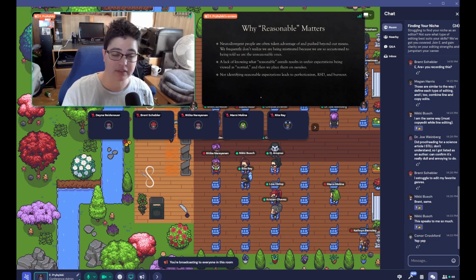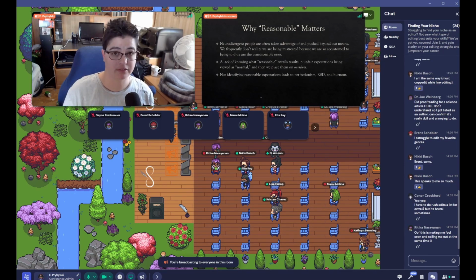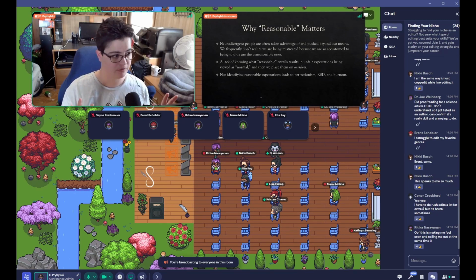No, that isn't reasonable. If you are not comfortable with a client, with a project, with a book, if you are not comfortable with a timeline, those are reasonable things. And you are allowed to say no to them, because not identifying and placing reasonable expectations on yourself leads to perfectionism, which is just awful, RSD, or rejection sensitive dysphoria, which I will talk to you about later if you don't know what that is, and burnout.